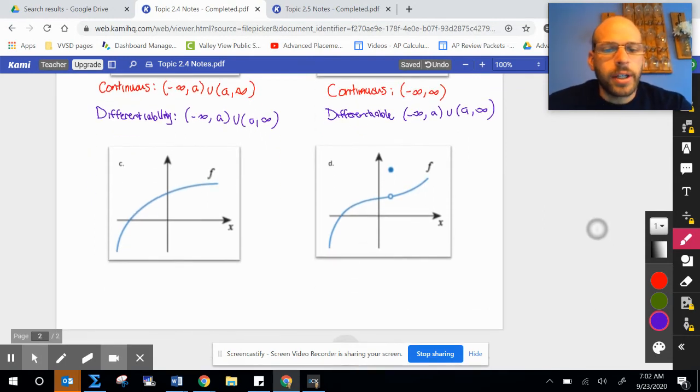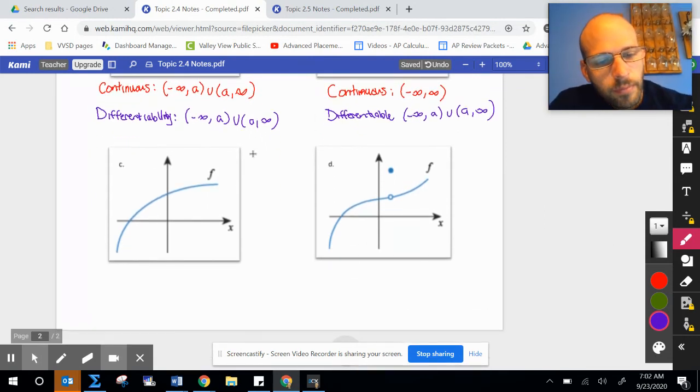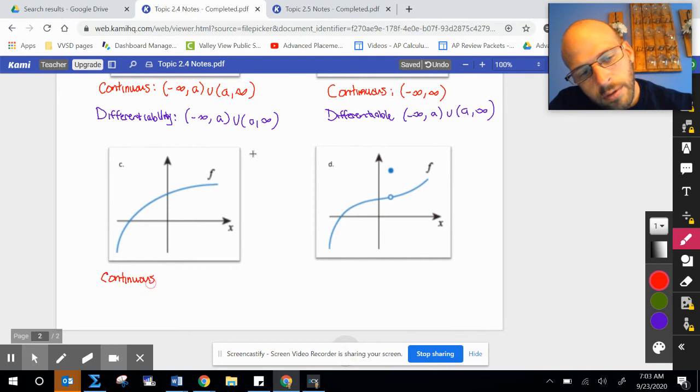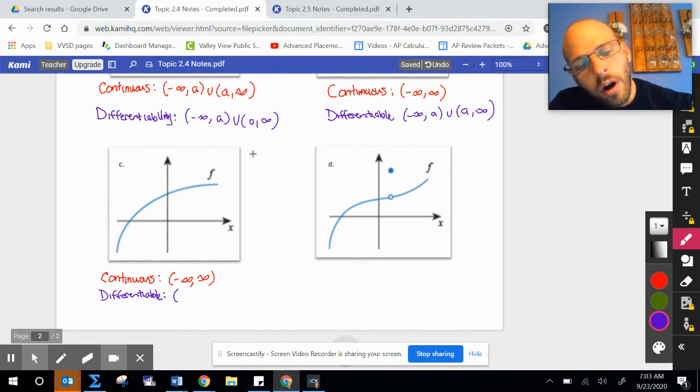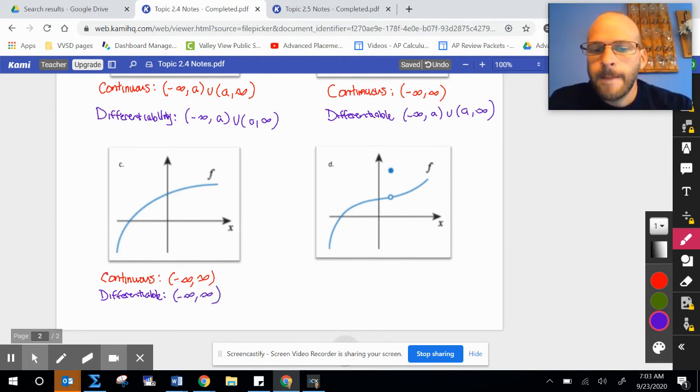Okay? If you look at part C, I could say that this is continuous from negative infinity to positive infinity. And it's differentiable because the whole thing is a smooth curve. There are no corners, cusps, or vertical tangents. So I can say that this is differentiable from negative infinity to infinity as well.